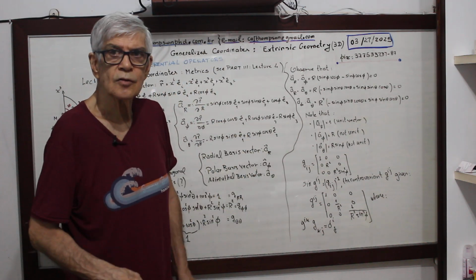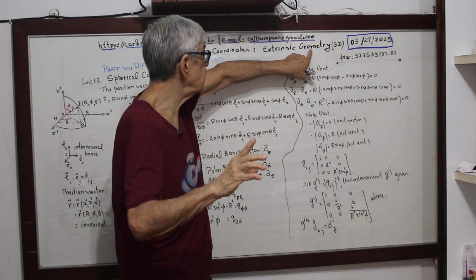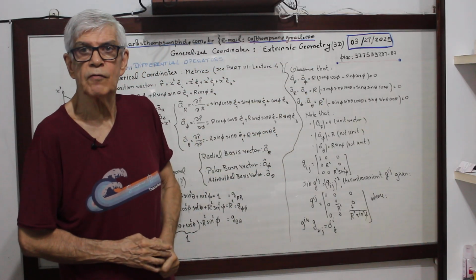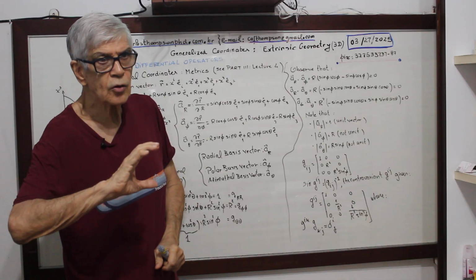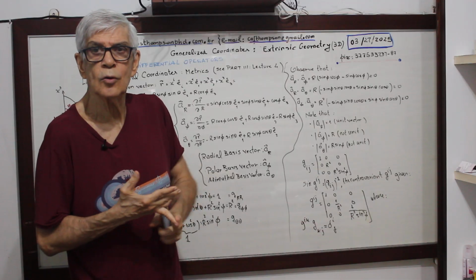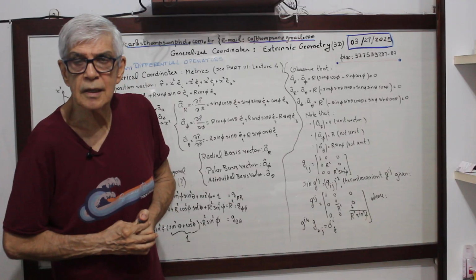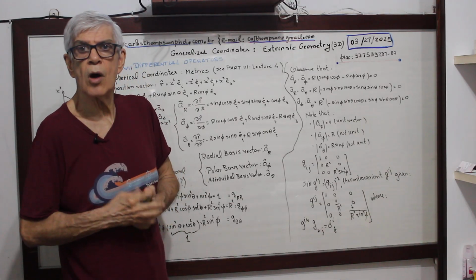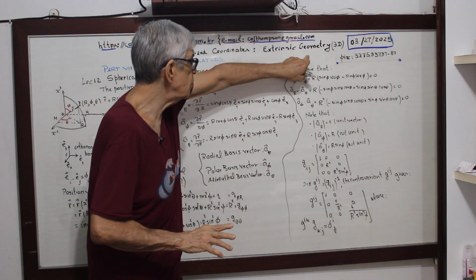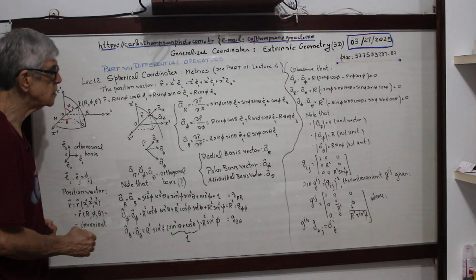In this case, this is extrinsic geometry. In intrinsic geometry, you forget the position vector. There we do not include position vector, we do not include vector, we do not include dot product. That is called exterior algebra. It's not yet. So this is still the extrinsic geometry applied to the spherical coordinates.